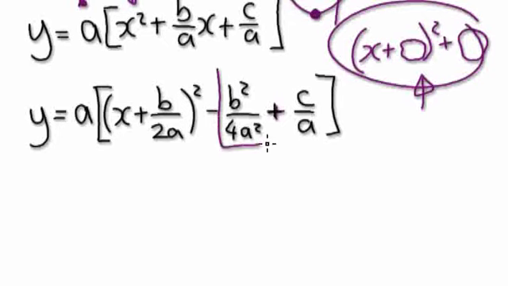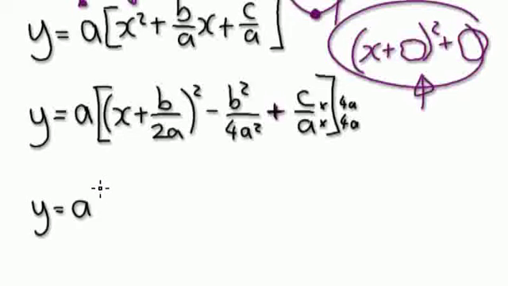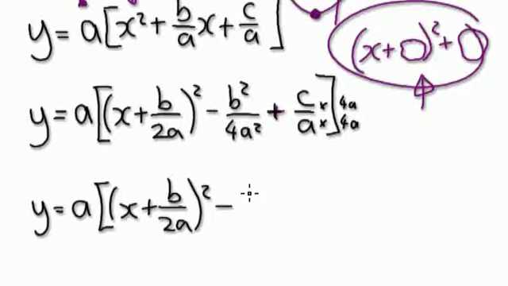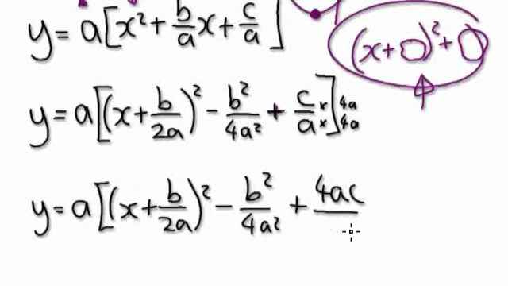Well, this here is just a single number, and this here is just a single number. Merge them together, so multiply top and bottom here by 4a. So this will be y equals a square bracket, x plus b over 2a squared, minus b squared over 4a squared plus 4ac over 4a squared.